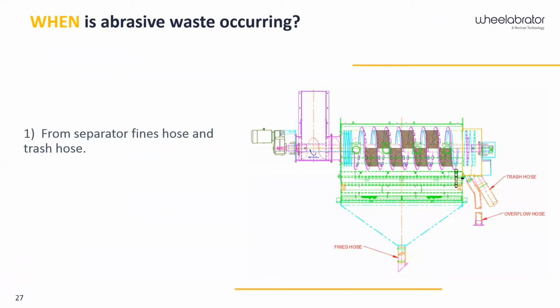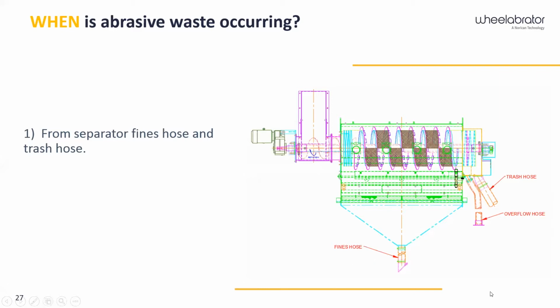Where is a lot of this waste occurring? Where is it coming out of? One of the main areas is the separator. The separator is typically up on top of the machines. There are lower-level ones as well, but it's still out of sight, out of mind. A lot of times you'll get abrasive coming out of your trash hose on the end of your separator, or possibly even your fines hose with the dribble valve on it.